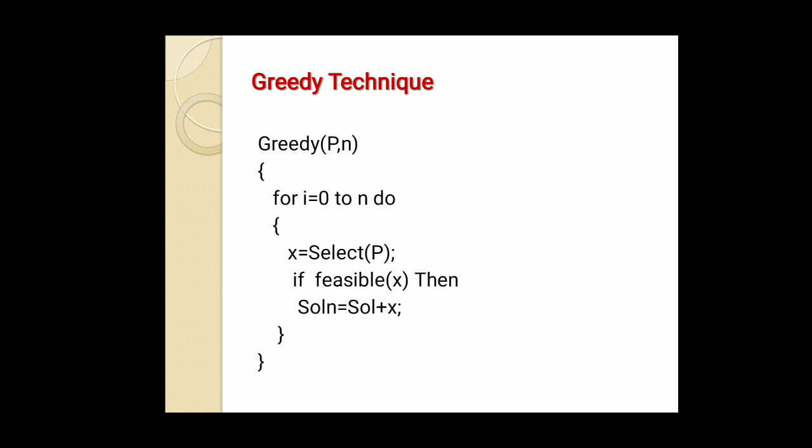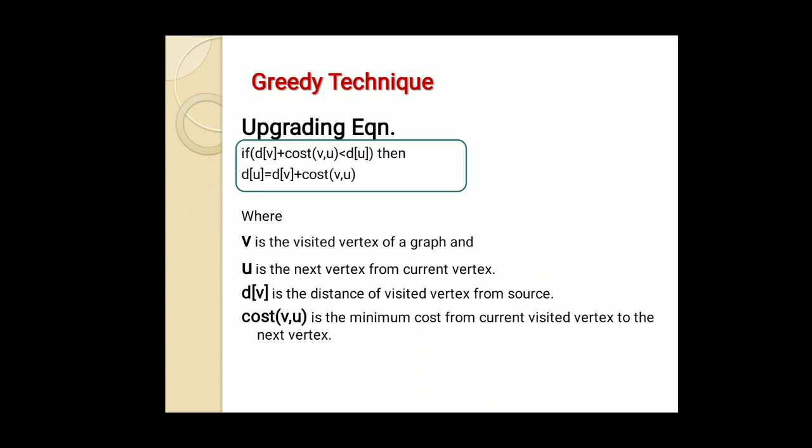So I've just put it up in terms of the algorithmic aspect, right? Here the greedy technique also has a particular equation. I'm talking with respect to this slide in terms of Dijkstra's single source shortest path algorithm. So what is this equation all about? We'll be trying to trace that out in our example in the next slide.